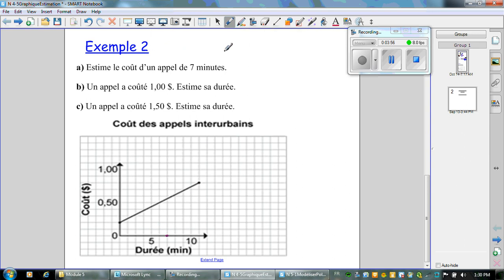That's 7 minutes. So where's the intersection? Right there. What we're interested in is the cost. So you need to find your cost right there. What's that value? Well, it's above 50 cents, so it'd be 55 cents.